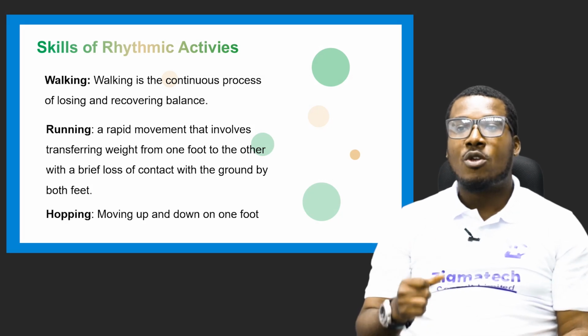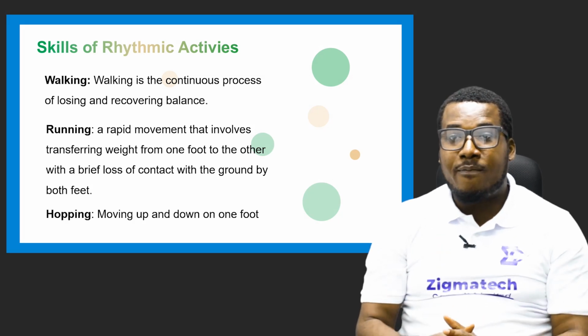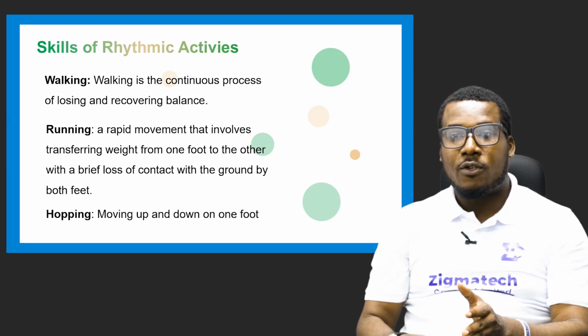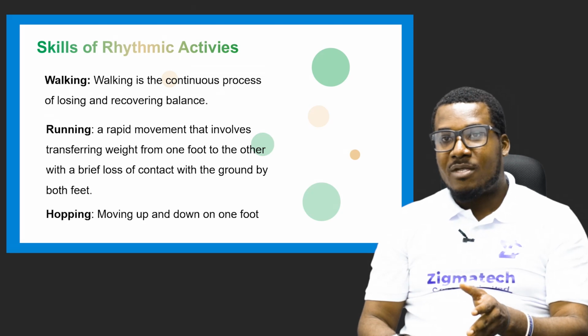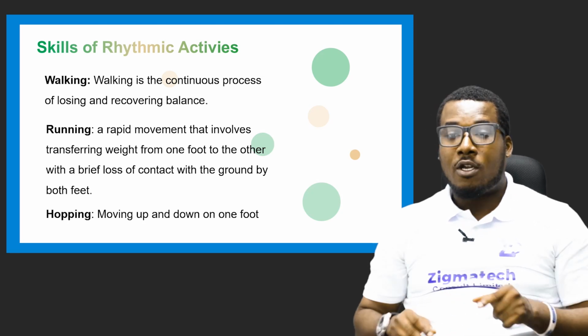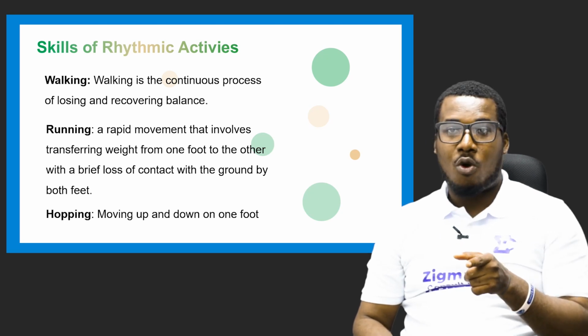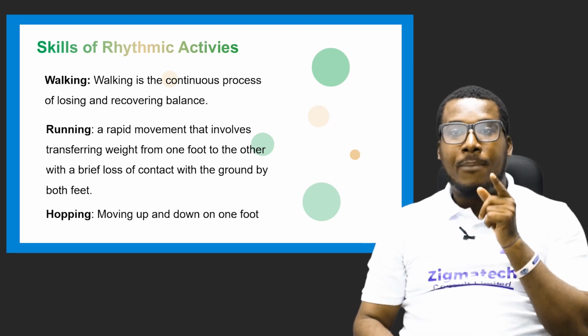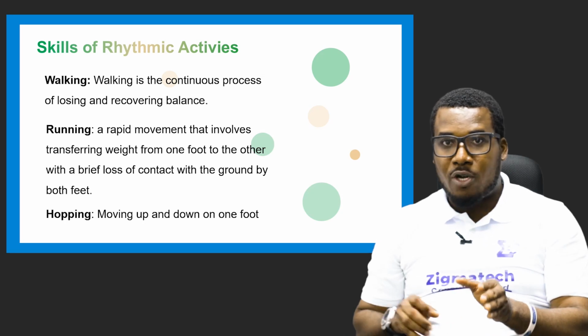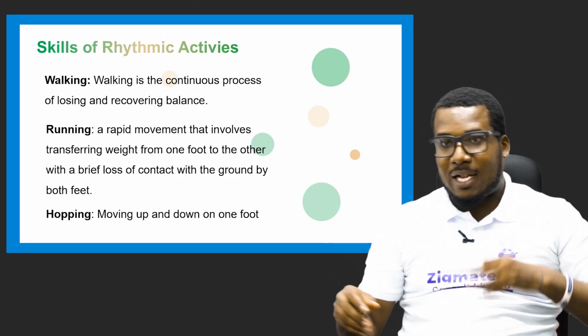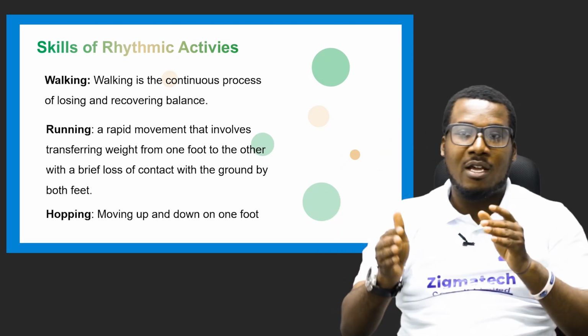It's the movement that involves transferring of weight from one foot to the other at a fast pace. Walking is losing and recovering balance at a slow pace, one foot at a time. But running is a rapid movement, so the weight distribution is moved from left to right, right to left, at a very quick pace.